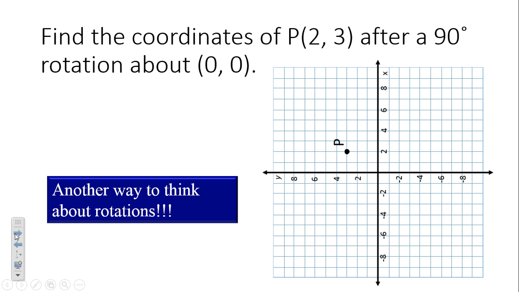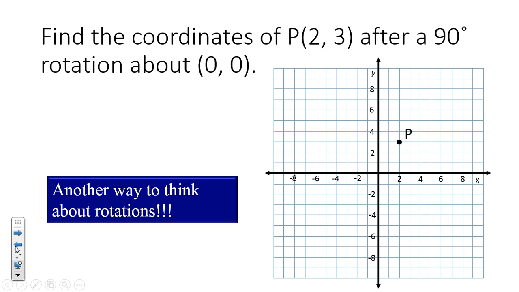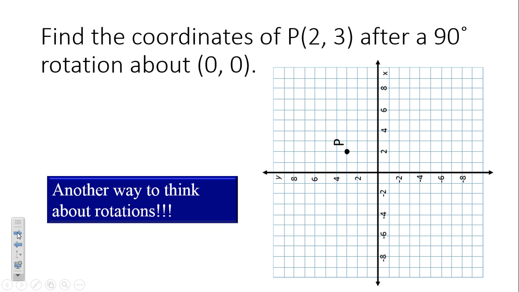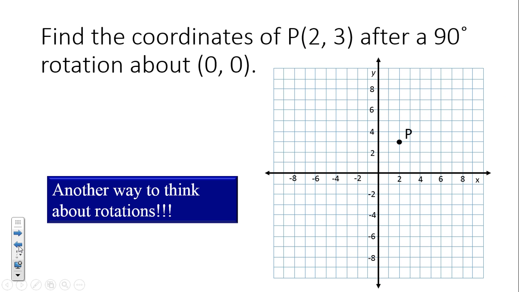Decide where it's at. 3 back, 2 up. That's where our new point's going to be. Just rotate your paper, figure out where it will be, then rotate it back and plot that point. Both ways work. P prime.